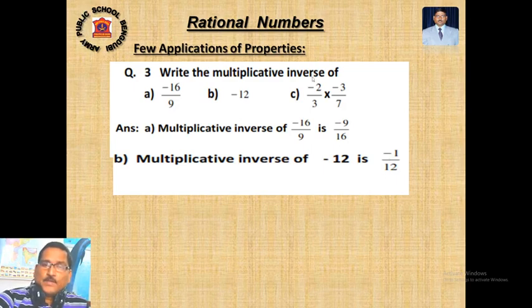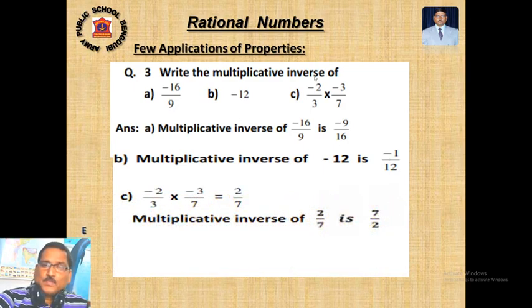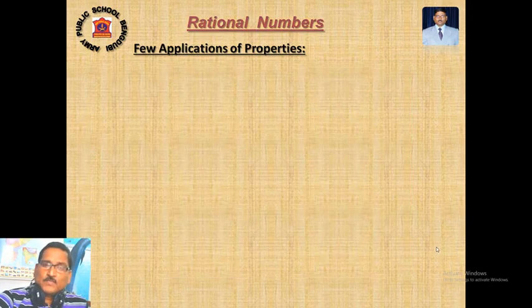When this group of numbers is given, first of all you have to simplify. You cut it, you will get minus 1 into minus 2 by 7. So the result after calculation is 2 by 7. What is the multiplicative inverse? Just reverse it, 7 by 2. Clear? So these questions are from your textbook only.